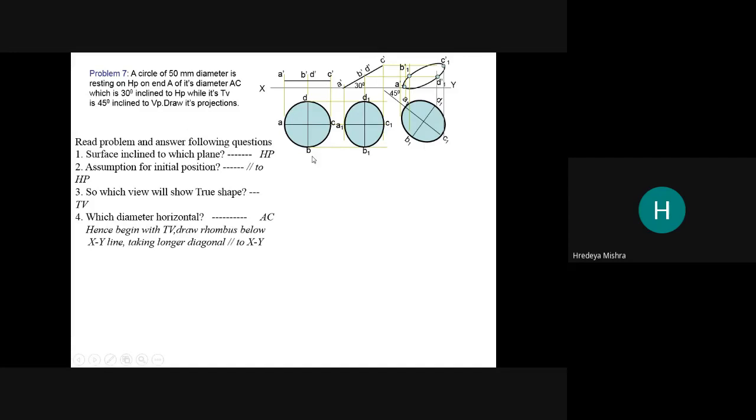After that you can assume BD, EF, GH, like that, whatever you want, just put here. There is no problem. And the more diagonals you assume, the better shape you get in comparison to fewer diagonals.